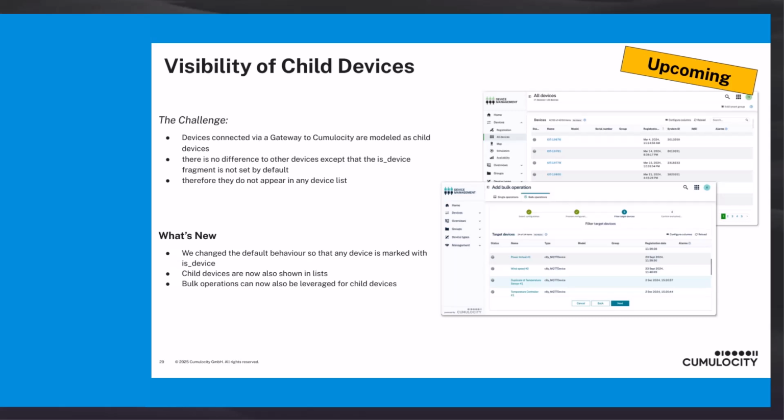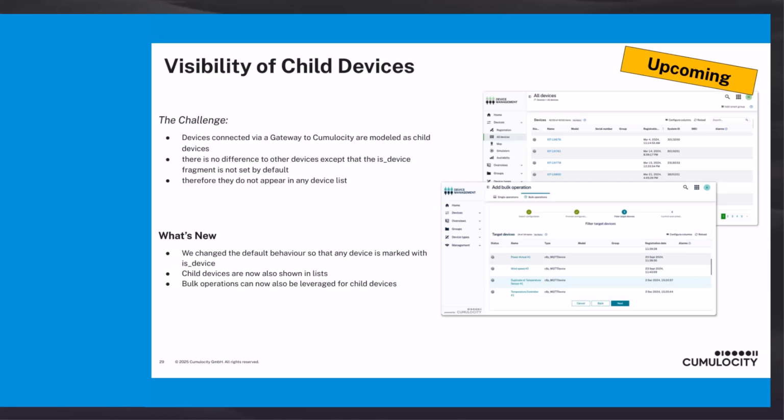However, this led to the situation that those devices aren't shown in the lists where devices are listed, like the all devices list, or the list where you select devices when addressing them via a bulk operation. That's why we changed this default behavior and also add the isDevice fragment to child devices, so that they will also be shown in each of these device lists.